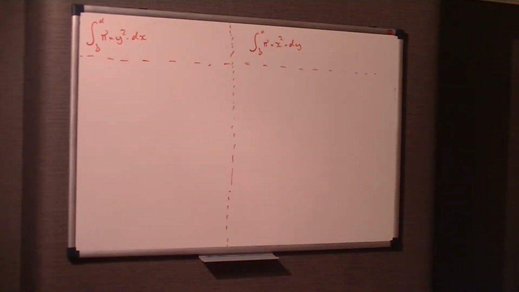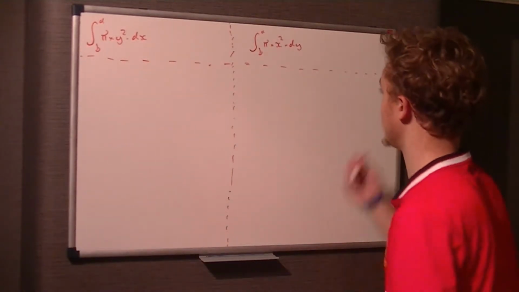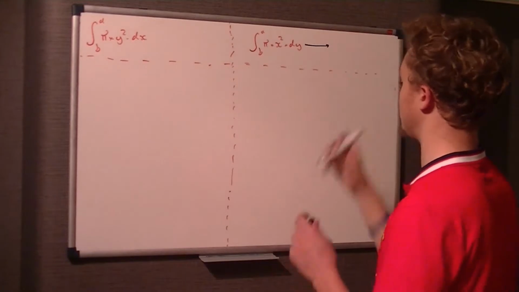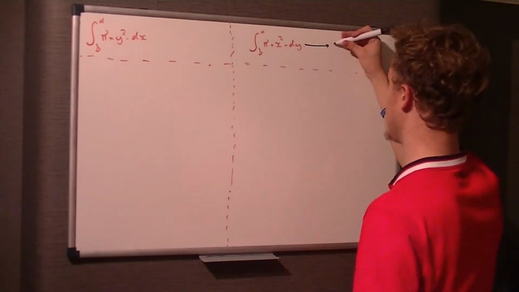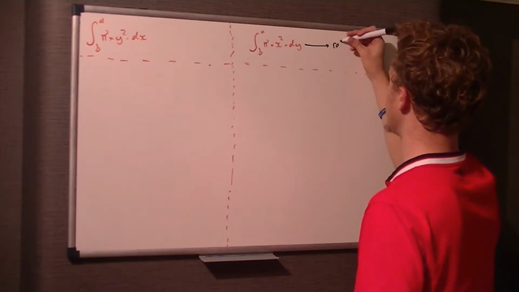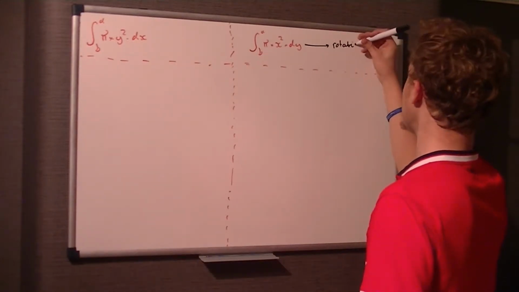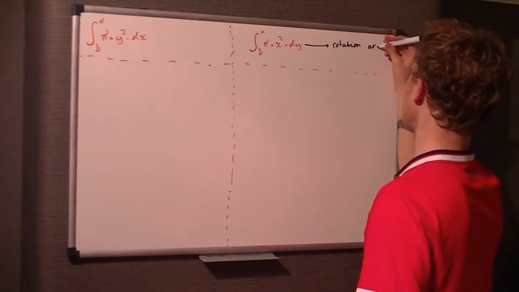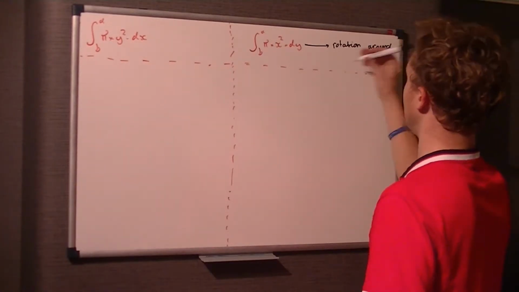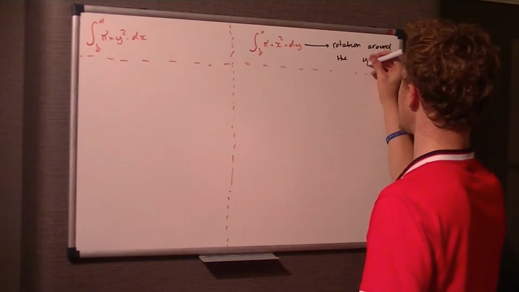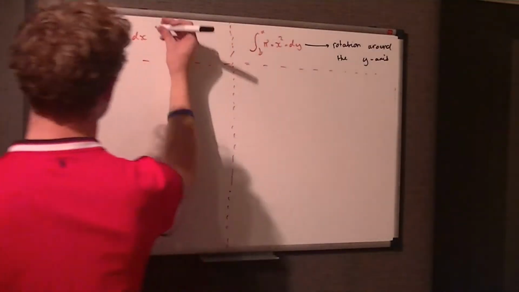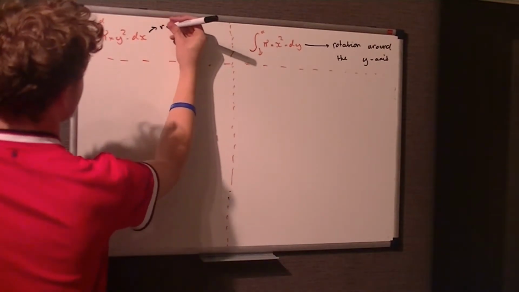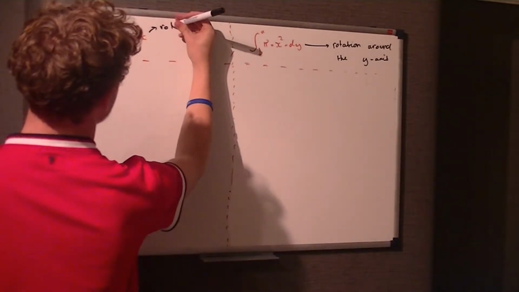Now, actually, just for those of you that sometimes don't pay attention, because I do waffle on a bit. So that is rotation around the y-axis, and this is rotation around the x-axis, because you remember we've got respect to x in there.